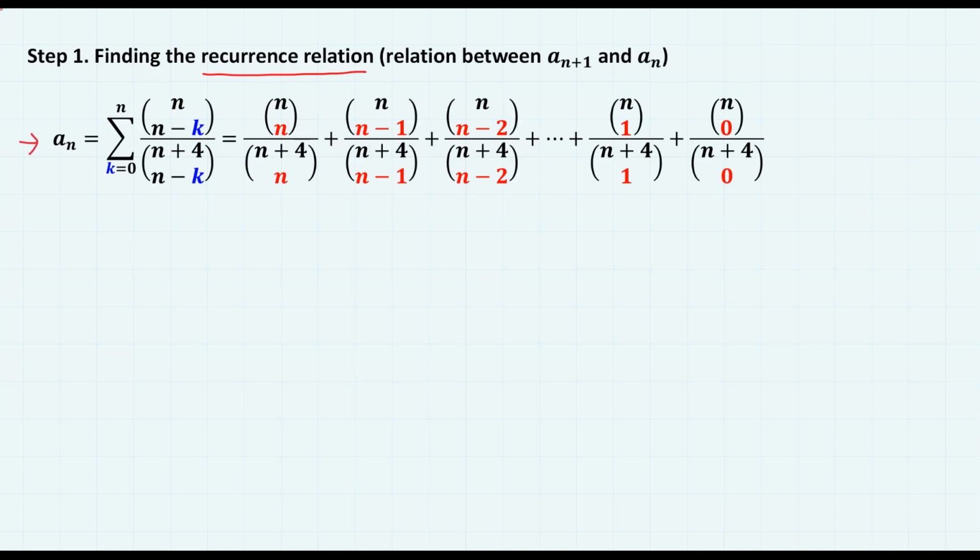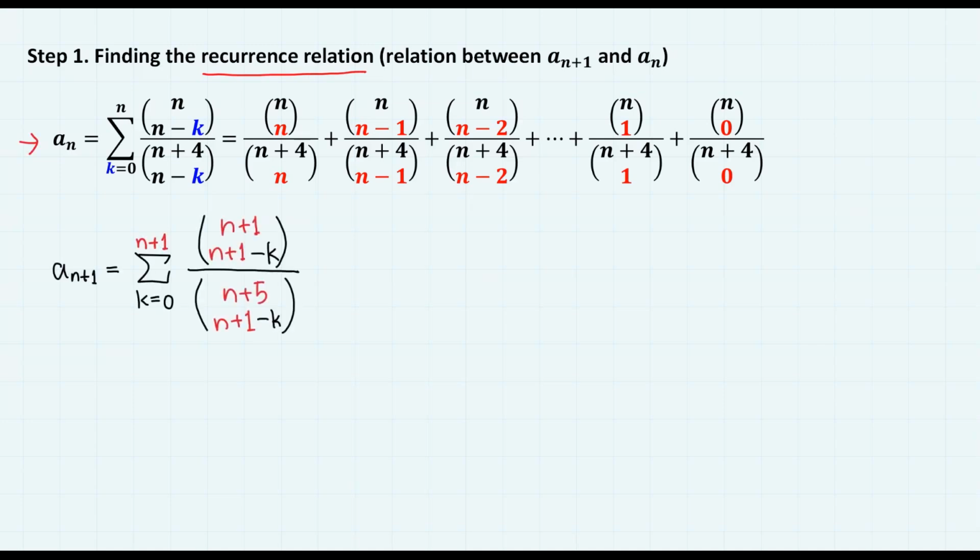If this is the expression for a_n, then a_(n+1) is given as the summation of n plus 1 choose n plus 1 minus k divided by n plus 5 choose n plus 1 minus k, as k changes from 0 to n plus 1. This summation contains one more term compared to a_n.